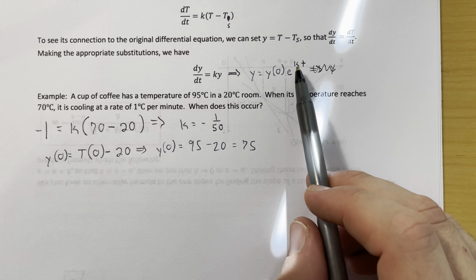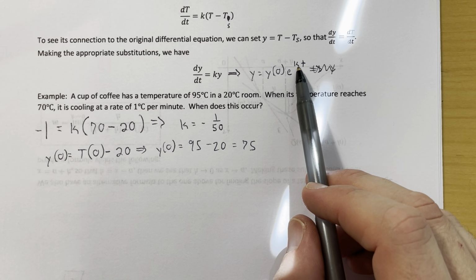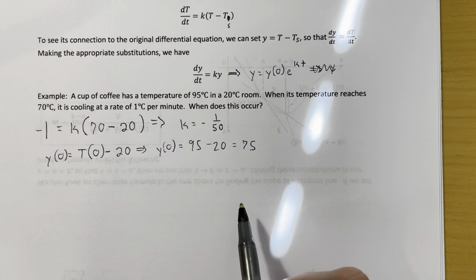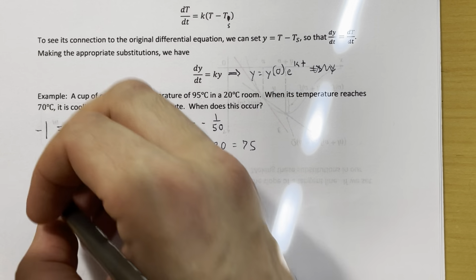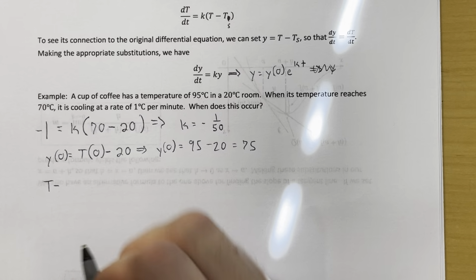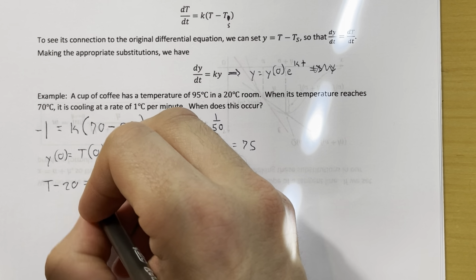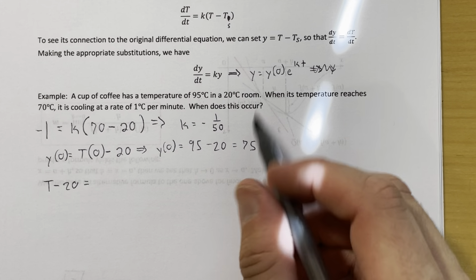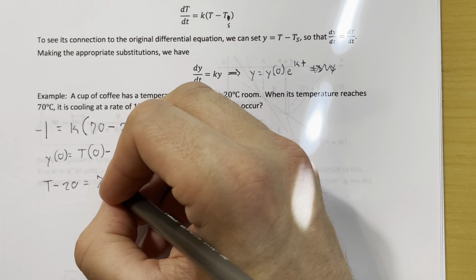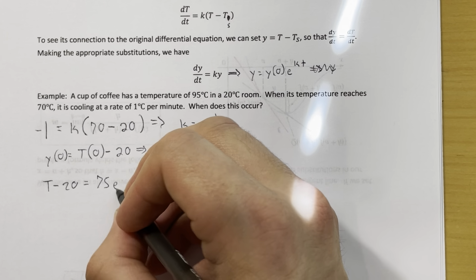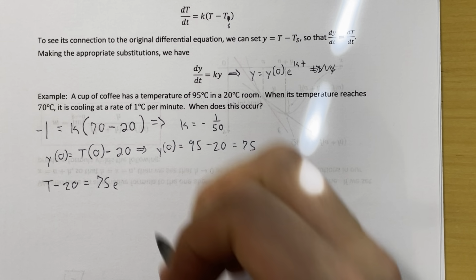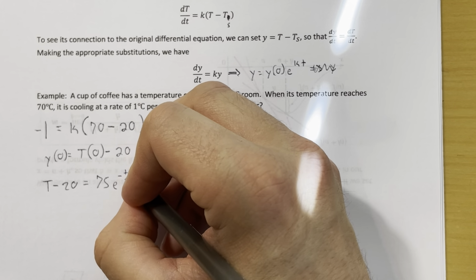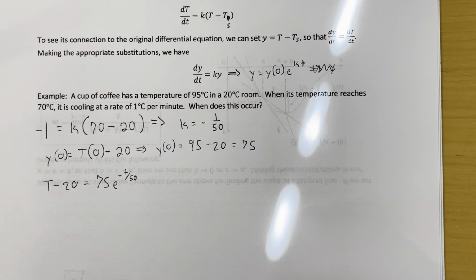So that would be like what I'm putting right here. The k that's appearing here is what we solved for here. So that means y, which is actually equal to T minus my surrounding temperature, 20, is equal to y of 0, which was 75, e to the kt. So that's negative 1/50th times t, or negative t over 50.